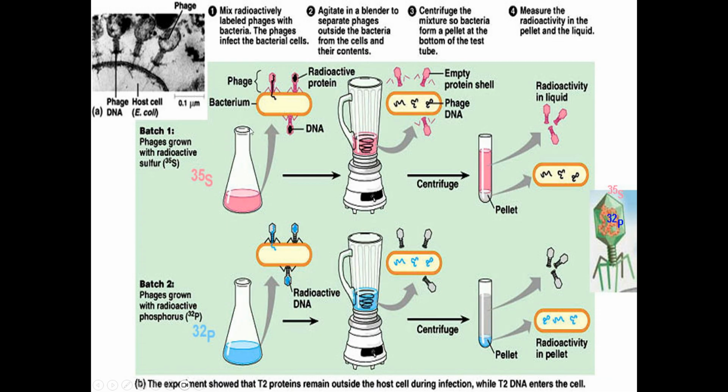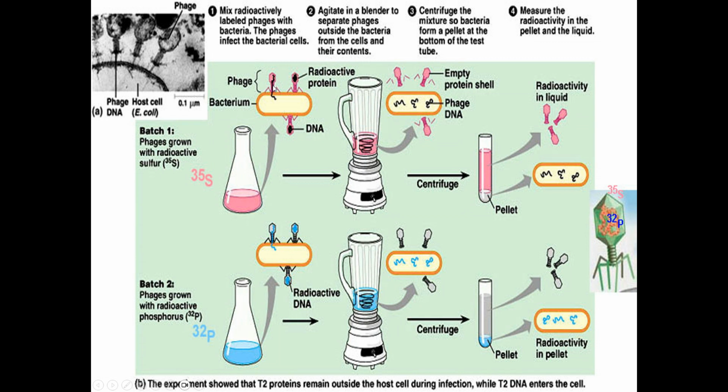So they tagged proteins and DNA with radioisotopes. All right, so the use of radioisotopes allows them to kind of visually see these molecules. And so they used radioactive sulfur in the proteins because proteins contain sulfur. And they used radioactive phosphate in the genetic material.